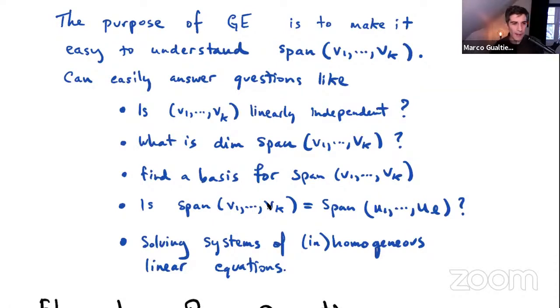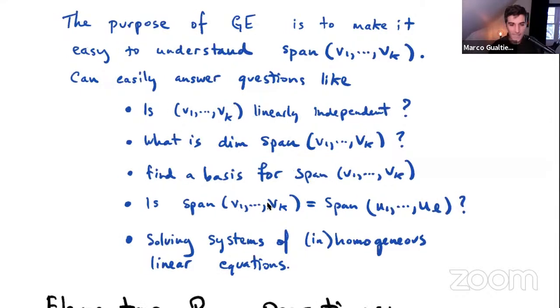It's a way of deciding whether certain spans are the same. All of these problems can be solved using this method. The problem is you need to know how. So I'm going to do that on Thursday. It's also relevant for linear maps and putting linear maps into standard form, just like we did with maps of sets. So your observation is entirely correct. It's just I haven't gotten there yet.